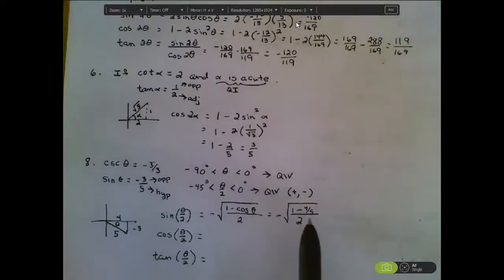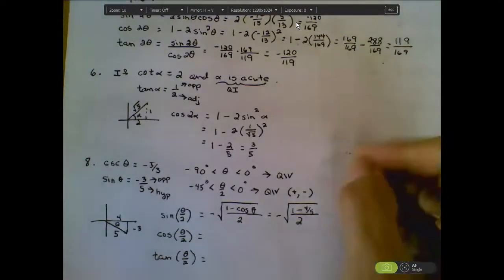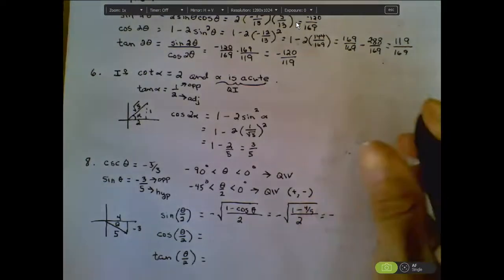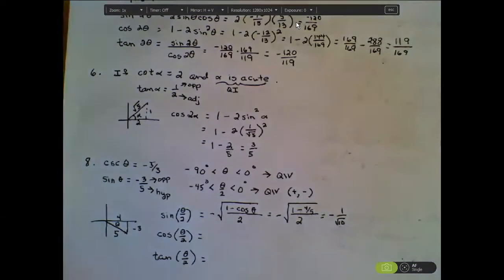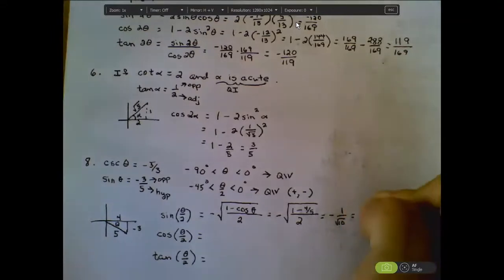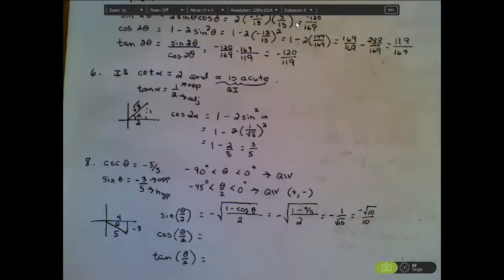So 1 minus 4/5 is 1/5. 1/5 over 2 is 1/10. Square root of 1/10 is 1 over square root of 10. I'm fine if you leave that. If you rationalize it though, you have negative square root of 10 over 10.